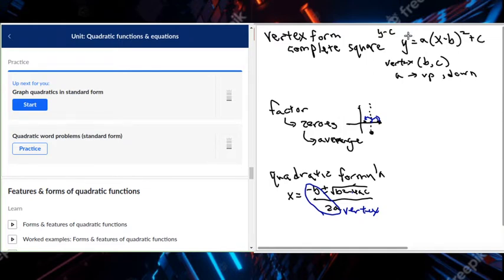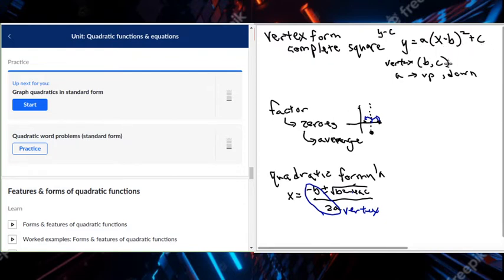I actually like that version more because it's the same kind of form you get in point-slope when you're doing linear, y minus c and x minus b, which is a generic way to transform stuff. If c is on the other side, then you have a plus over here and a minus over here, and that's really confusing. I like this form better, but the other is considered the standard vertex form.